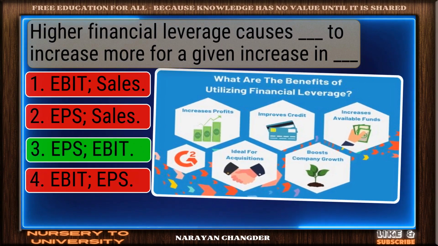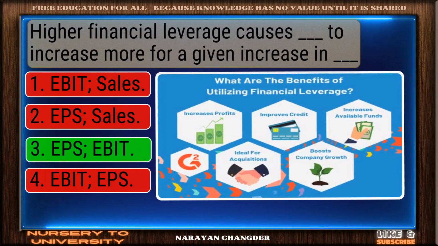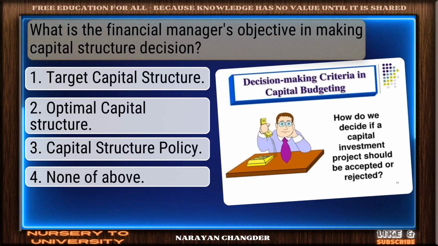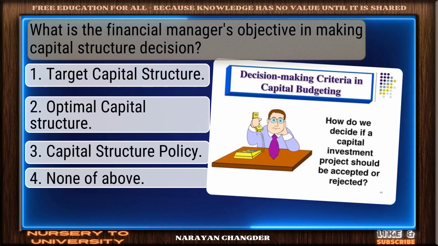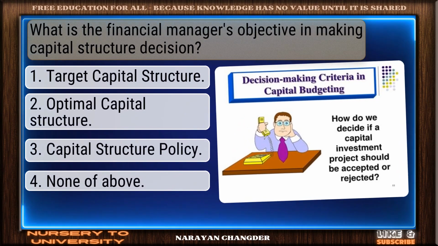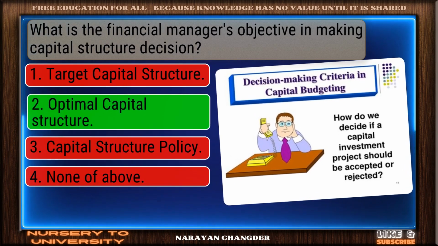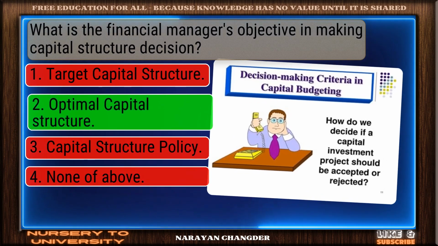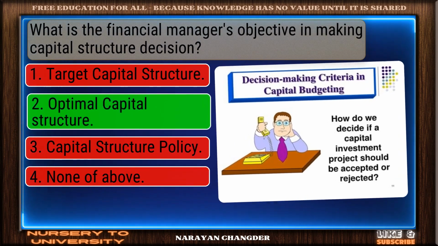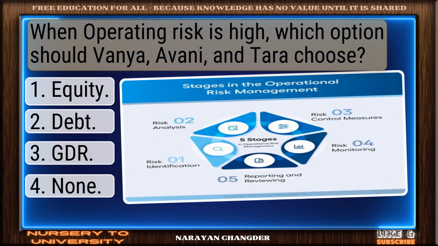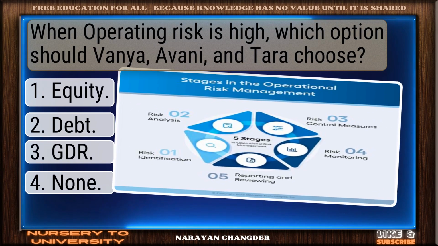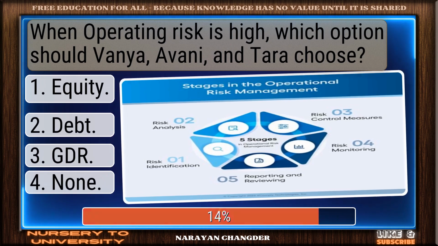Your choice EBIT is sound and 100% true. What is the financial manager's objective in making capital structure decision? Right choice. Optimal capital structure is the best answer. When operating risk is high, which option should Vanya, Avani, and Tara choose?